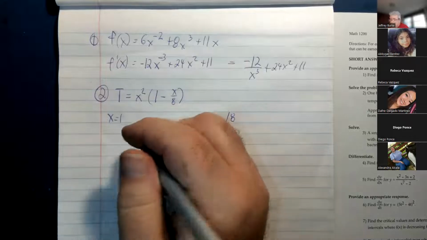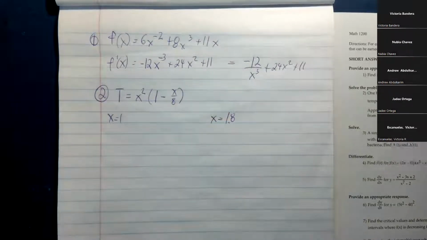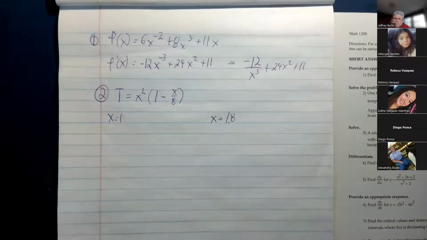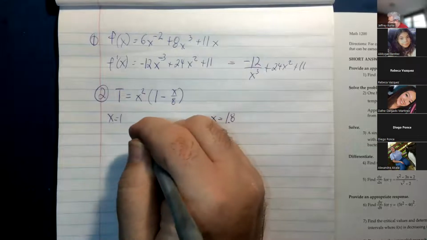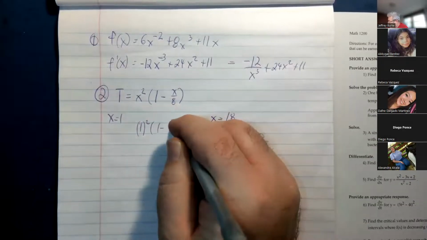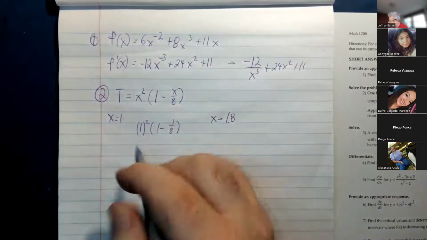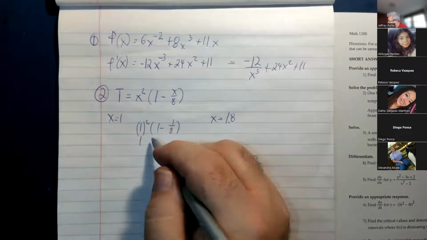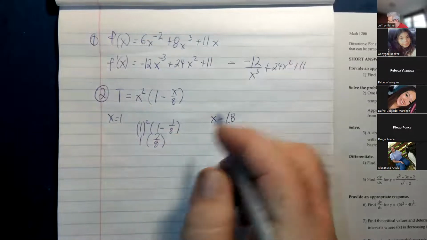So let's go ahead and put this in. Hold on, let me take a look here. Okay. All right. So that's going to give me 1 squared times 1 minus 1 over 8. So this is going to give us 1 times 1 minus 1 over 8. That's going to be 7 over 8.